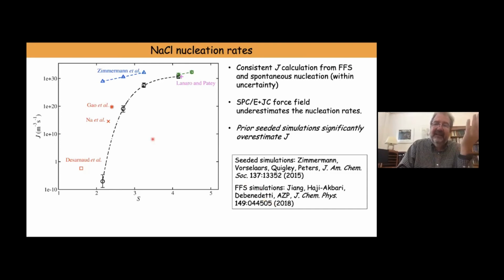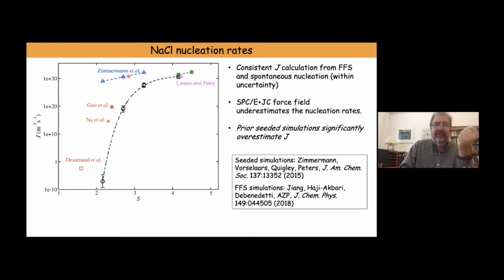And these seeded simulations were actually initially done by Zimmerman and Peters in 2015, and showed this number here using a non-polarizable model for water. Then we repeated these calculations with forward flux sampling, and we got this curve, which doesn't match the previous calculations.